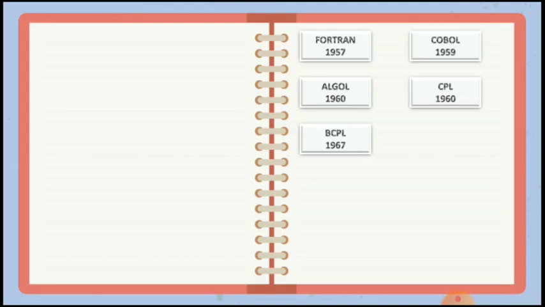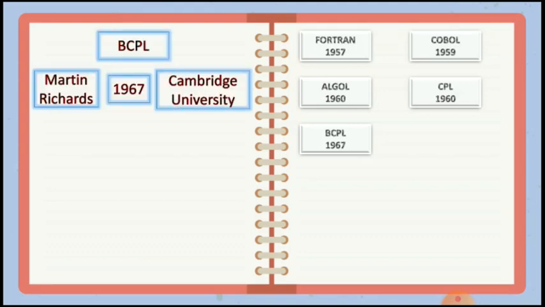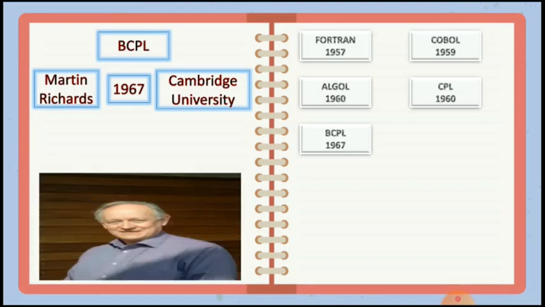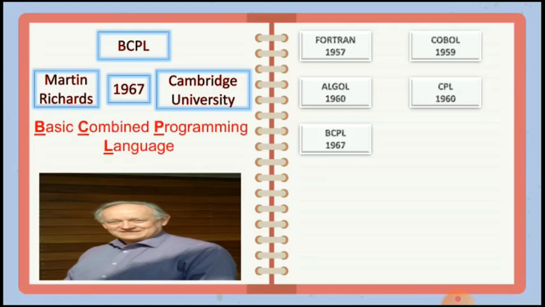So to solve these issues, BCPL was created by Martin Richards in 1967 at University of Cambridge. BCPL stands for Basic Combined Programming Language. It was created to solve difficulties faced in CPL.